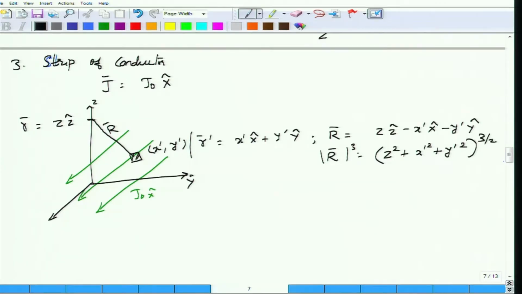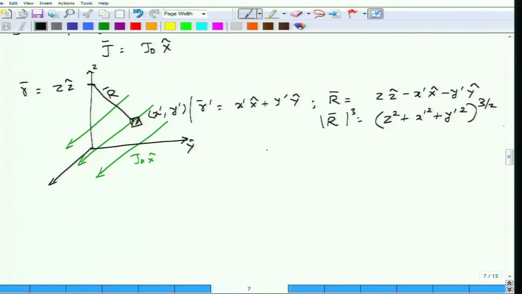Now apply the Biot-Savart law and write this as an integral over the y direction for some width, and for x it would be from minus infinity to plus infinity. The current is constant and goes from minus infinity to plus infinity along the x axis, whereas for y I am considering a strip of width w and integrating over that w.